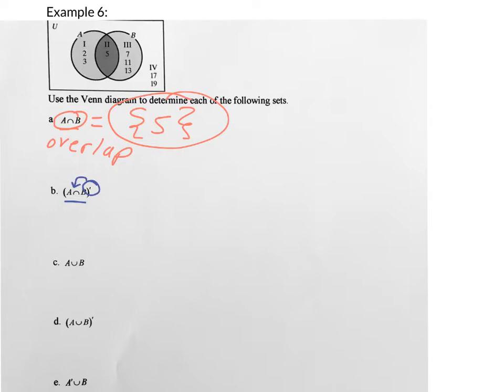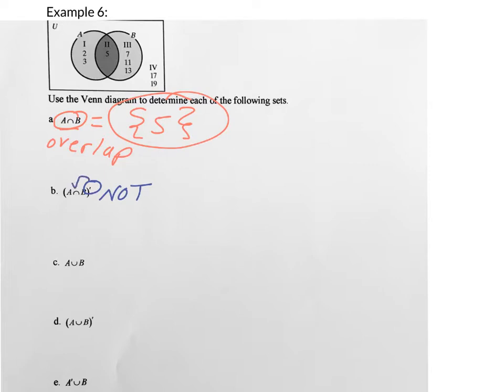So let's think it all out. We just said a minute ago that the intersection means the overlap, what's in the middle of those circles. However, the apostrophe means what's not in that set that it's attached to, but still in the universal set.